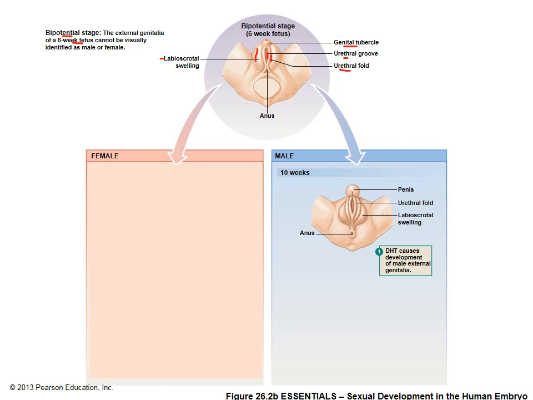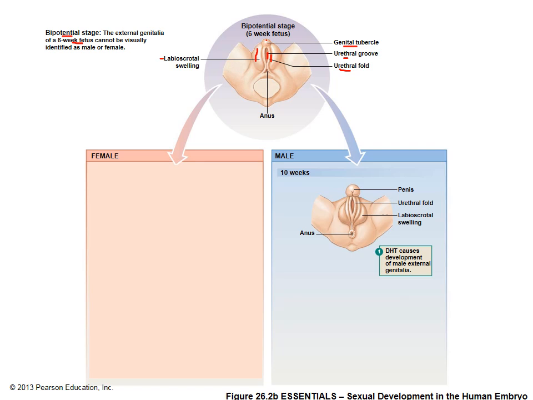So at 6 weeks, before differentiation of these external genitalia, it's not visually possible to identify this fetus as either male or female.